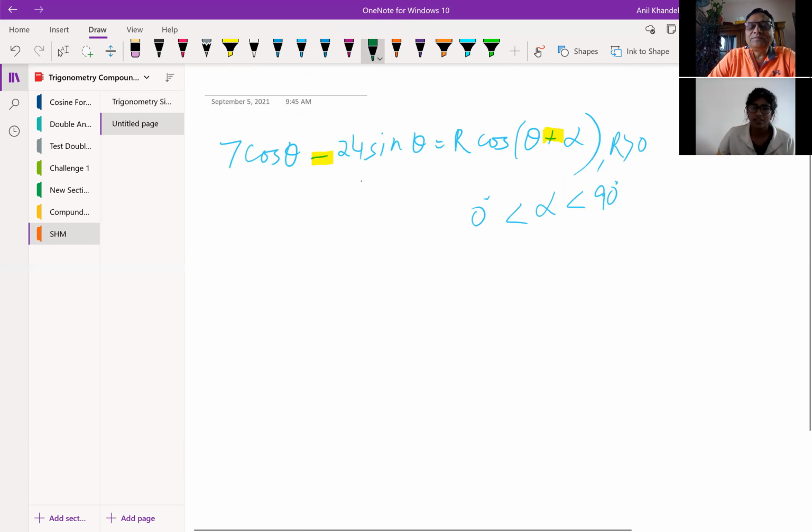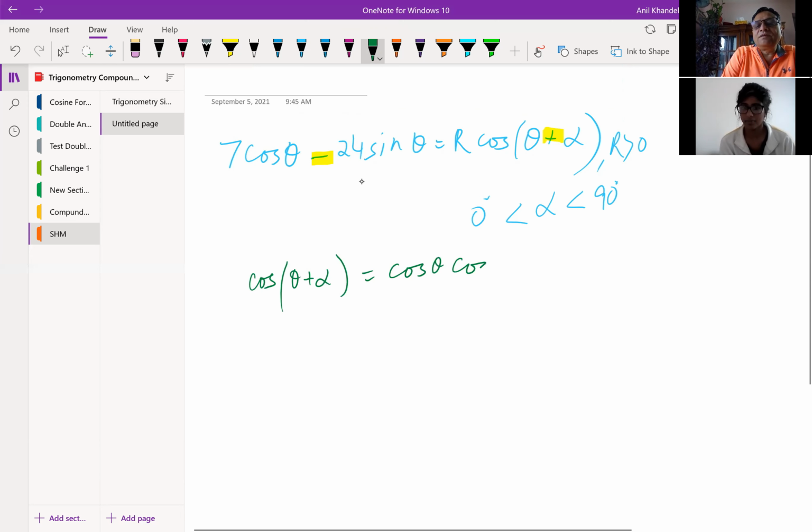So first we can just quickly write out one of those compound angle formulas, just so it helps me. So it would be cos A plus B. So let's write cos theta plus alpha in this term itself.